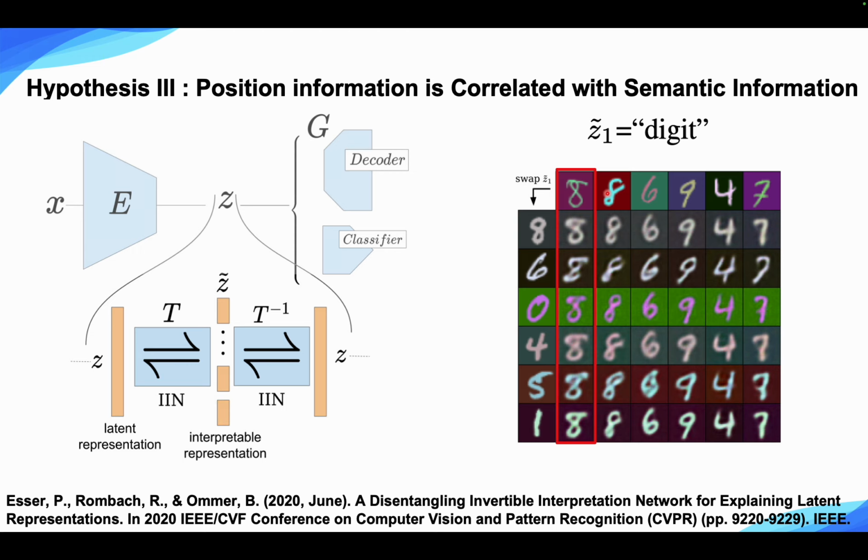For example, in this case, after performing the transformation, changing the interpretable Z1 digit representation of this column will allow us to generate a new image of different digits. So the information in the latent space can indeed divide the semantic information understood by humans.